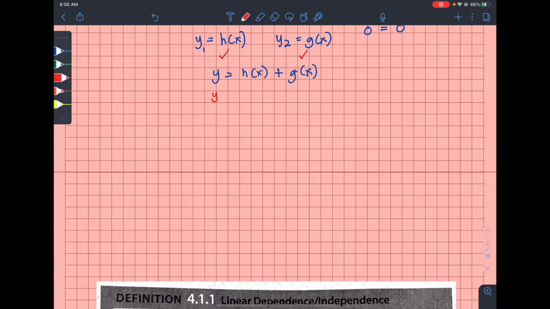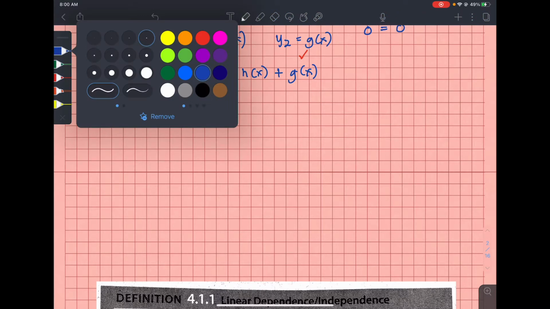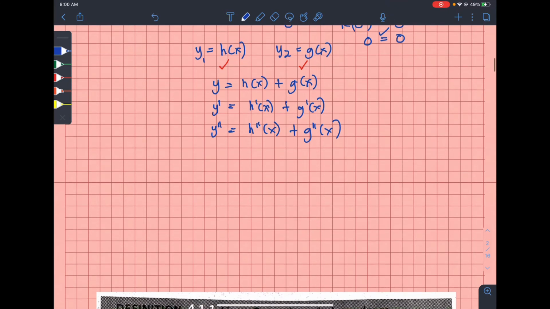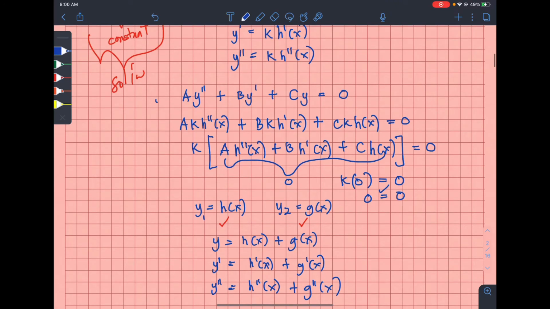So y prime would be equal to h prime of x plus g prime of x. Then y double prime is equal to h double prime of x plus g double prime of x. So in here, substitute it into our equation.